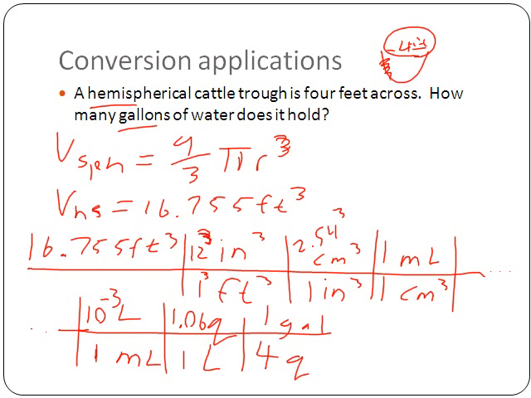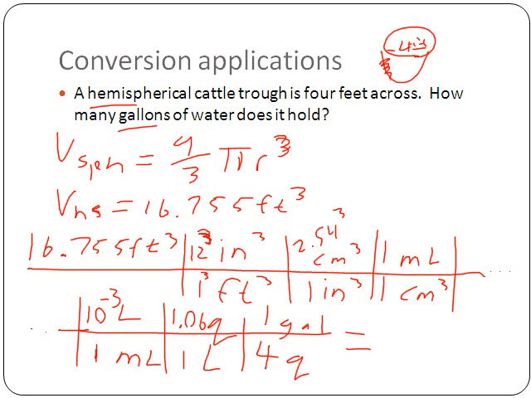And so to find our final answer here of how many gallons this trough holds, we'd simply say 16.755 feet cubed, times 12 cubed going across the top, times 2.54 cubed, times 1, times 10 to the negative third, times 1.06, times 1, and that's on the top, divided by 1 cubed, divided by 1, divided by 1, divided by 1, divided by 1, divided by 4, our final answer.